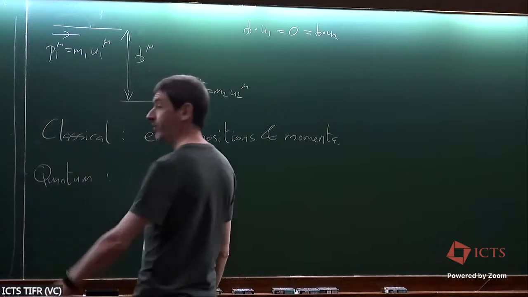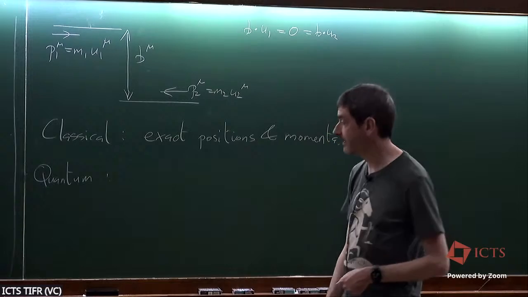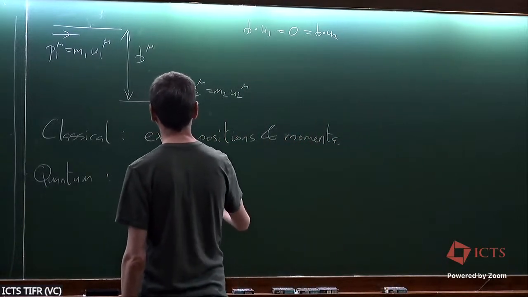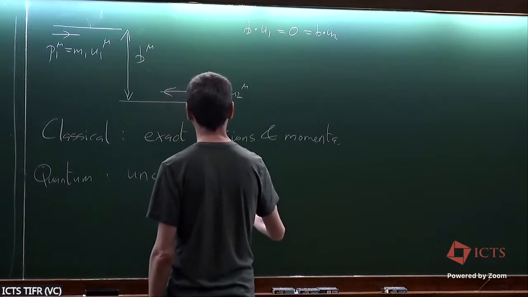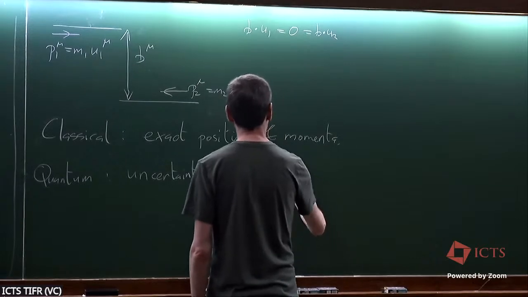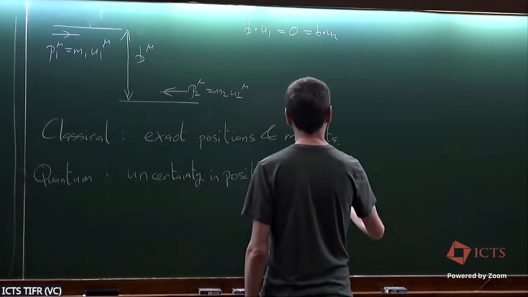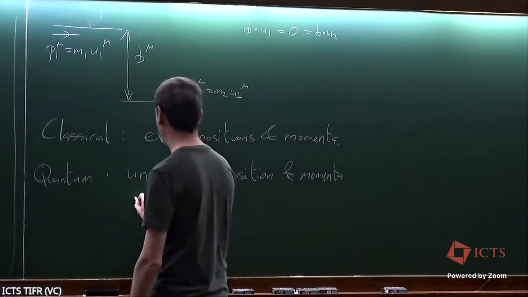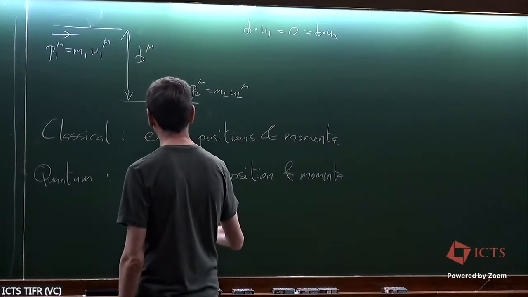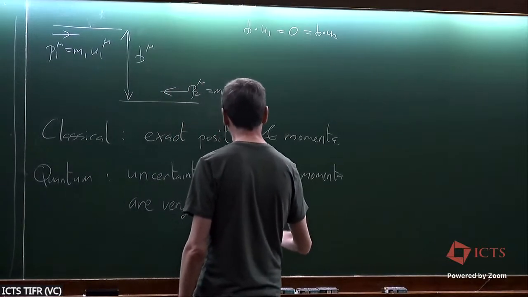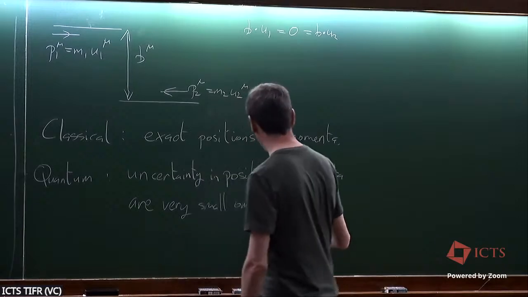So I will choose a state psi with the property that the uncertainty in the position and the momenta are very small compared to classical scales of interest.